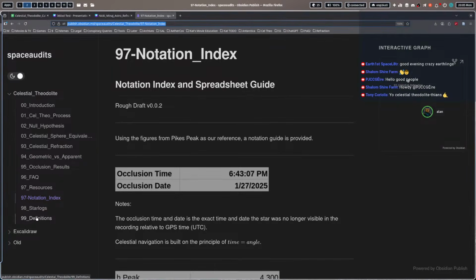Now, included in this is also definitions and an introduction. Everything else will be filled out as I continue. It's a long process to go through this, but when all this is done, you'll be able to reference this as a complete guide for everything related to the celestial theodolite: an introduction to the subject, what it is, the null hypothesis, how that works. And then more importantly, you'll be able to get a notation index for the spreadsheet.